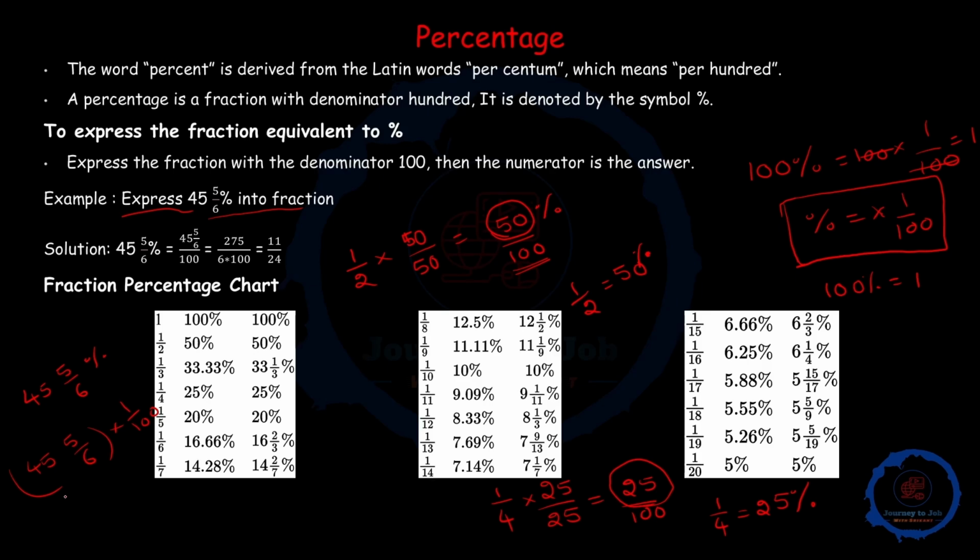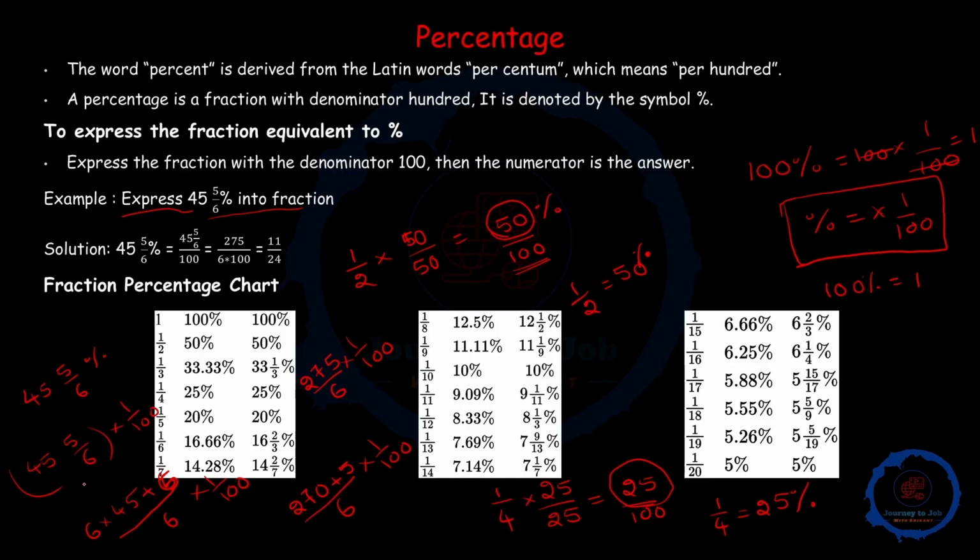Solve this mixed fraction. 45 5 by 6 means 6 into 45 plus 5 by 6, into 1 by 100. 6 into 45 is 6 into 40, 240, plus 6 into 5, 30. 240 plus 30 is 270. So 270 plus 5 by 6 into 1 by 100. This will become 275 by 6 into 1 by 100.